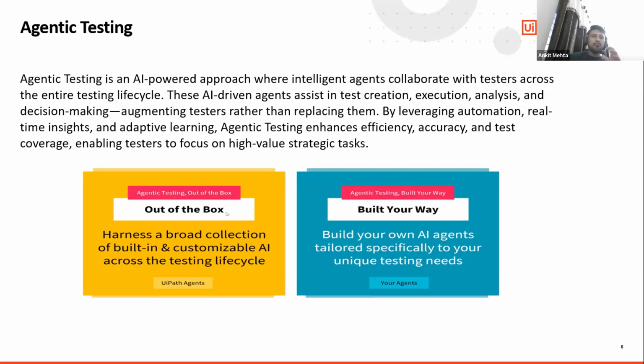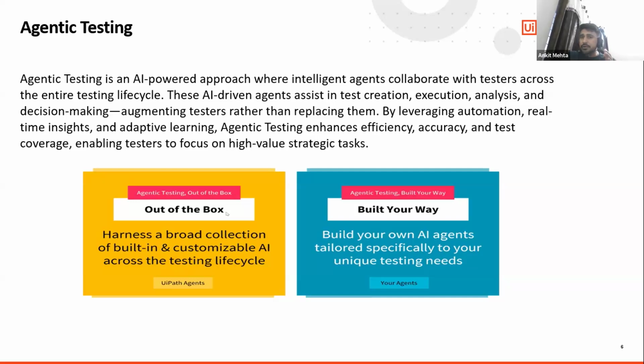Now how can we achieve it, and how can we incorporate it into the suite, right? There are two ways. The first one is out of the box agents, and the second one is custom agents. Out of the box agents mean that we already have agents in our test suite environment.